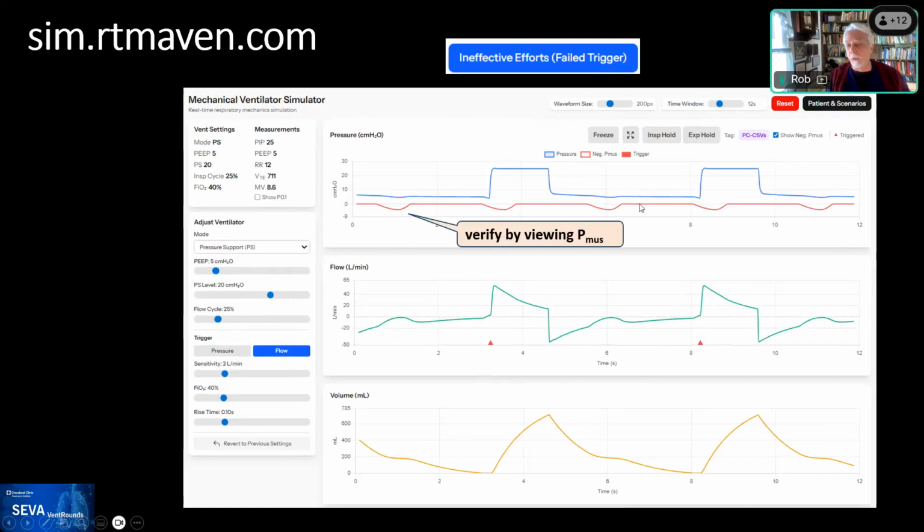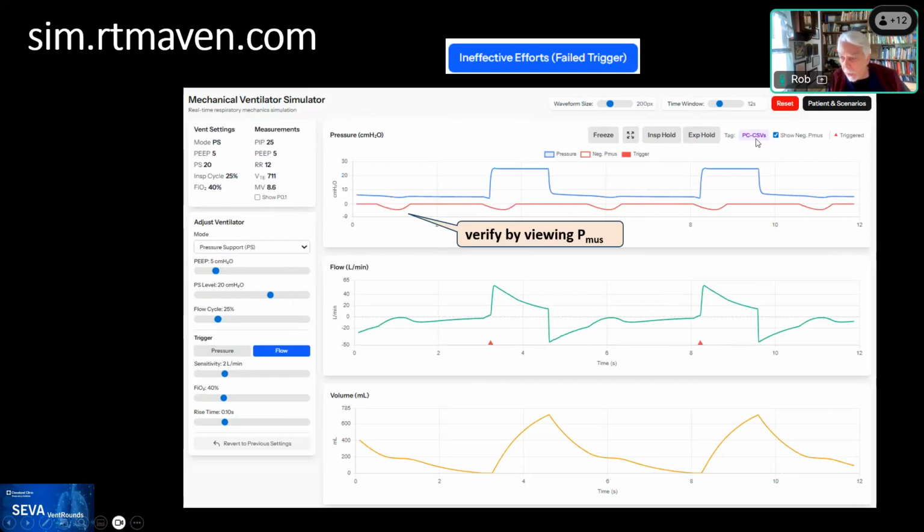COM allows you to display it as either a negative PMUS as shown here or a positive PMUS. You can hit one of these settings and this will invert the way it really is, because PMUS is mathematically always positive. But nevertheless, what we see here is a short PMUS, the inspiratory effort here causing the triggering of this breath.